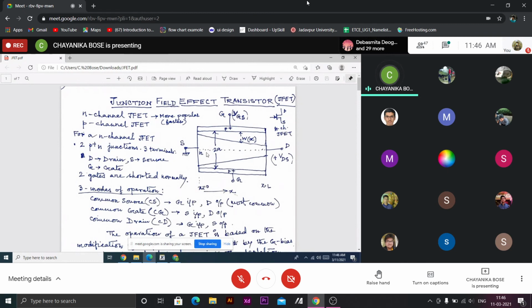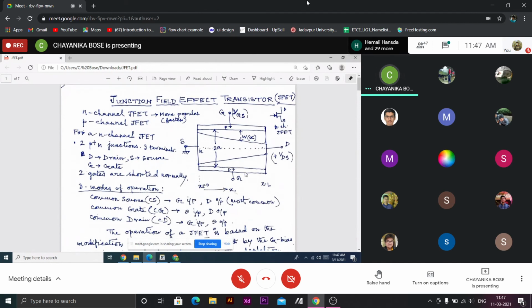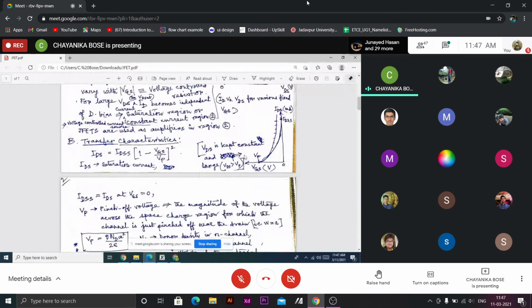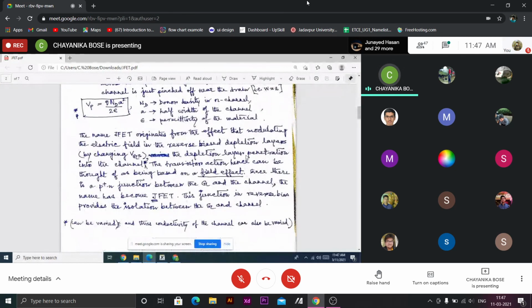That means it modulates the conductivity of the channel, so it controls the output current. There is the field that modulates the channel constriction, and there is the other, longitudinal field, which drifts the carriers along the channel. So our drain output current depends on both VGS and VDS.